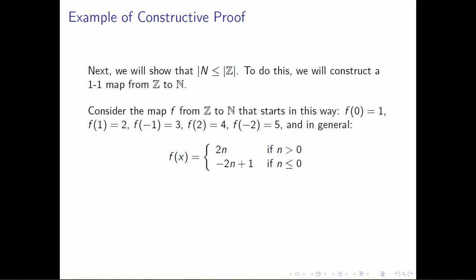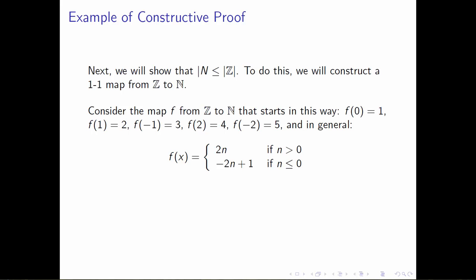So here's the map that we want to define. Let's start by defining it with a few examples, and then we know that that's never really good enough for a full proof of what we're doing, so we'll formalize after we've looked at a few examples right away. So this is how we want to start out. Let's start by taking 0 and sending it to 1. Then let's take 1 and send it to 2.